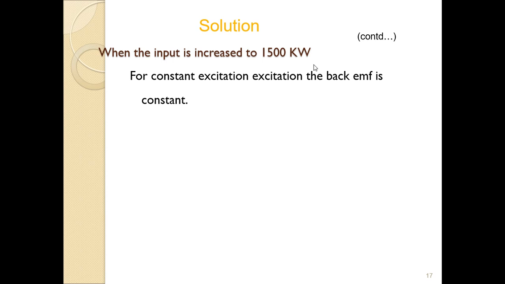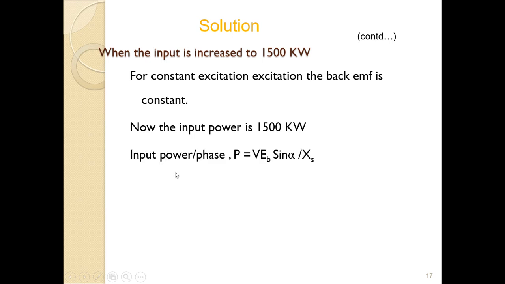As given, excitation is constant. So back EMF EB is constant. Why? Because excitation is constant means back EMF is constant. So EB is the same value. He given the input power, that is 1500 kilowatts.